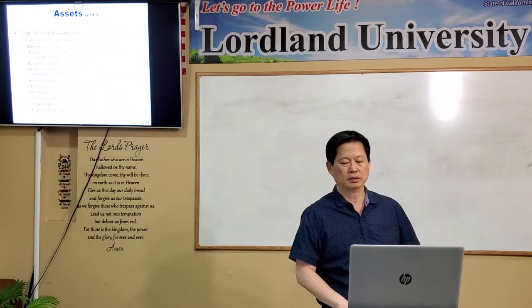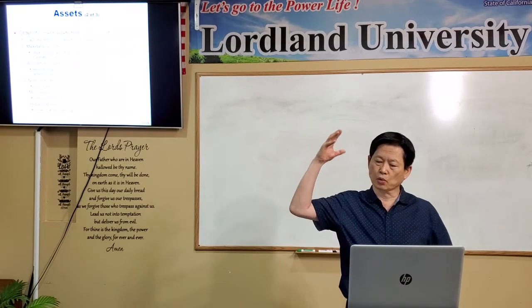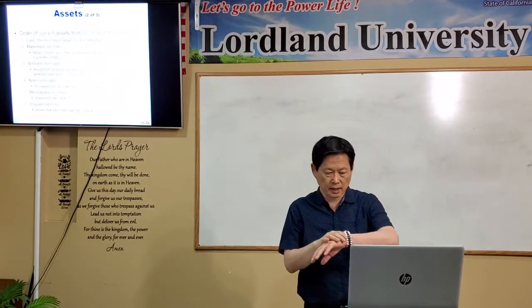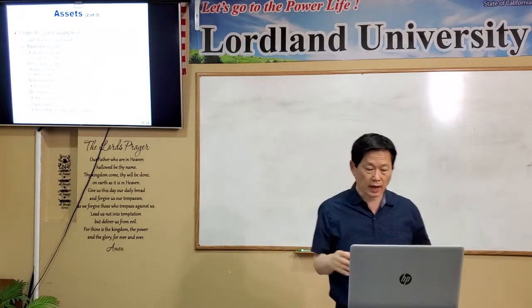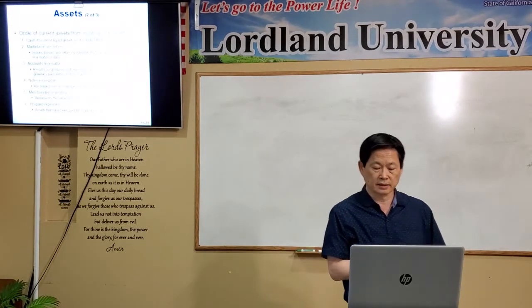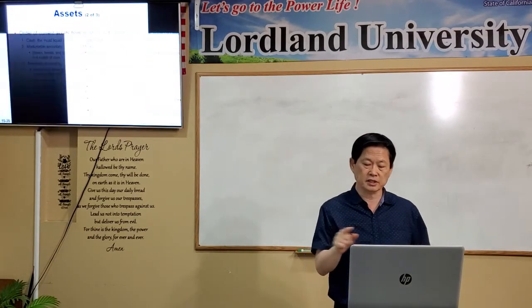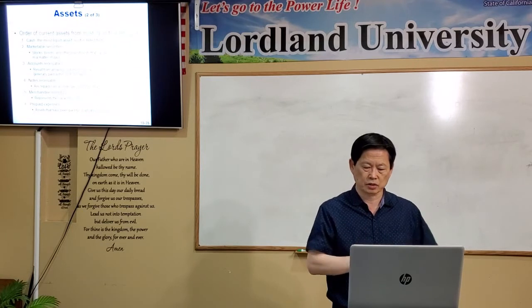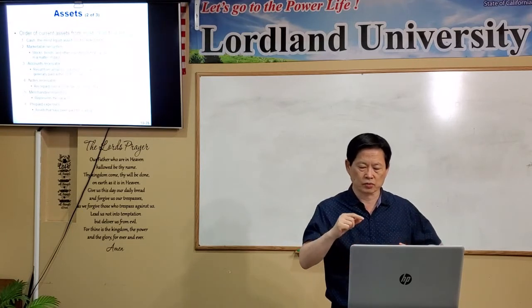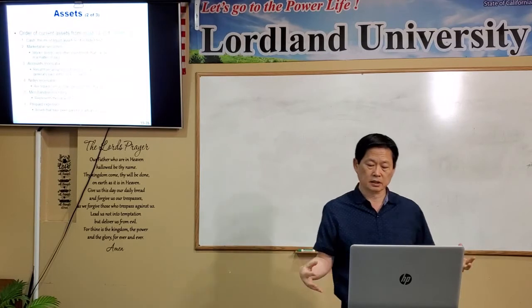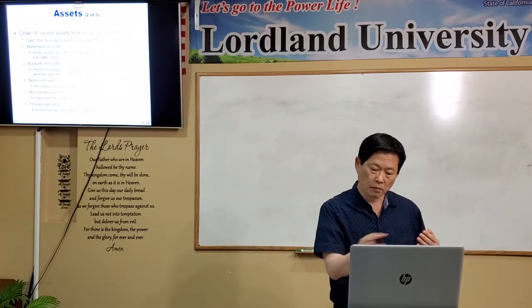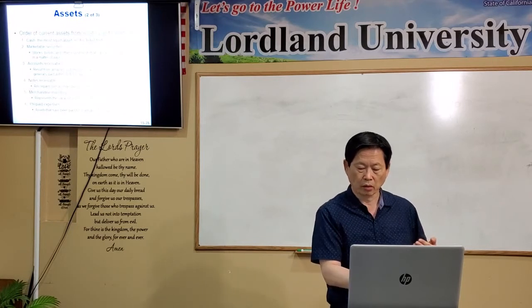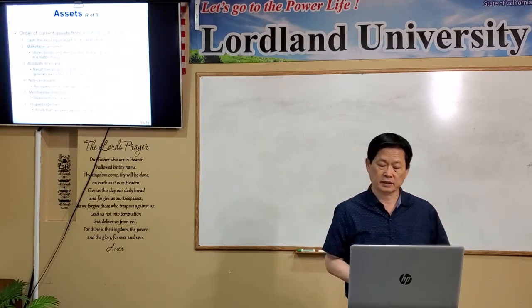The order of current assets from the most liquid asset to the least liquid asset is as follows. Cash, the most liquid asset, is therefore listed first. Assets start with cash because cash is the most liquid asset. Marketable security. Below the cash, the marketable security balance amount must be represented.